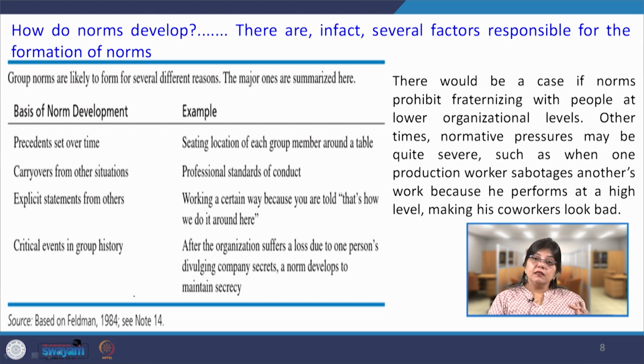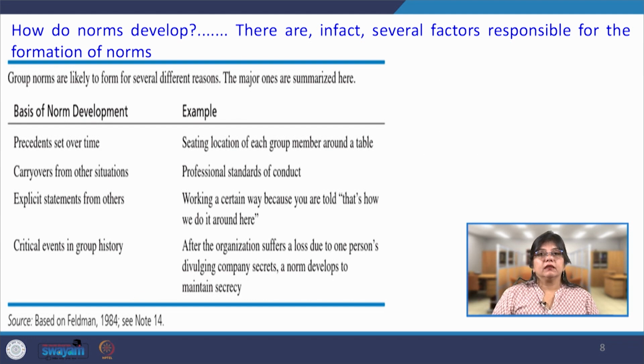So, these are the factors responsible for developing norms which are unofficial, informal and unwritten, but very much accepted by the group members. These critical instances or explicit statements are experiences that people have at their workplaces, and based on their understanding they imbibe all the prescriptive and proscriptive behaviors which are unwritten and unofficial, not mentioned anywhere by the management, and people set these rules as a code of conduct.